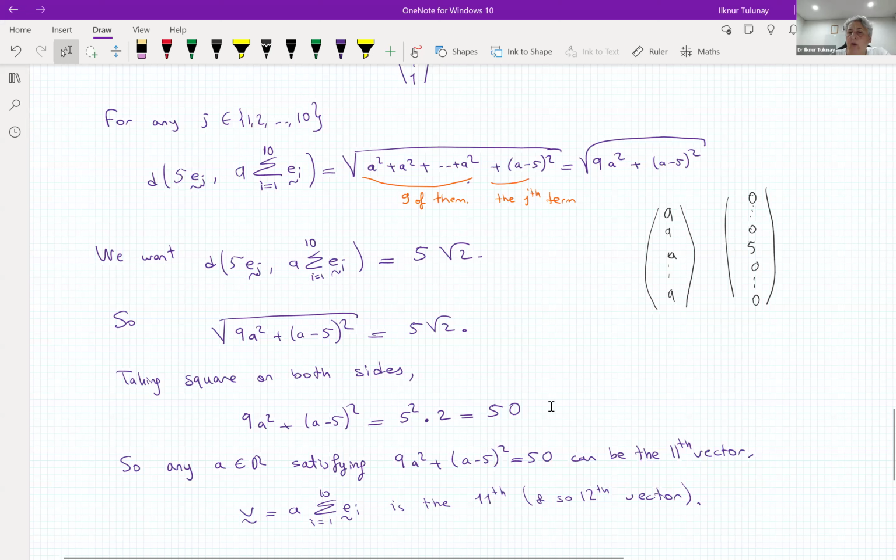So this is the equation that needs to be satisfied. Any A satisfying this equation can give us the 11th vector. And the 11th vector, we can define as A times the sum of ei for i equal to 1 to 10. Actually, it is the 11th and 12th because you will have 2 roots in here.